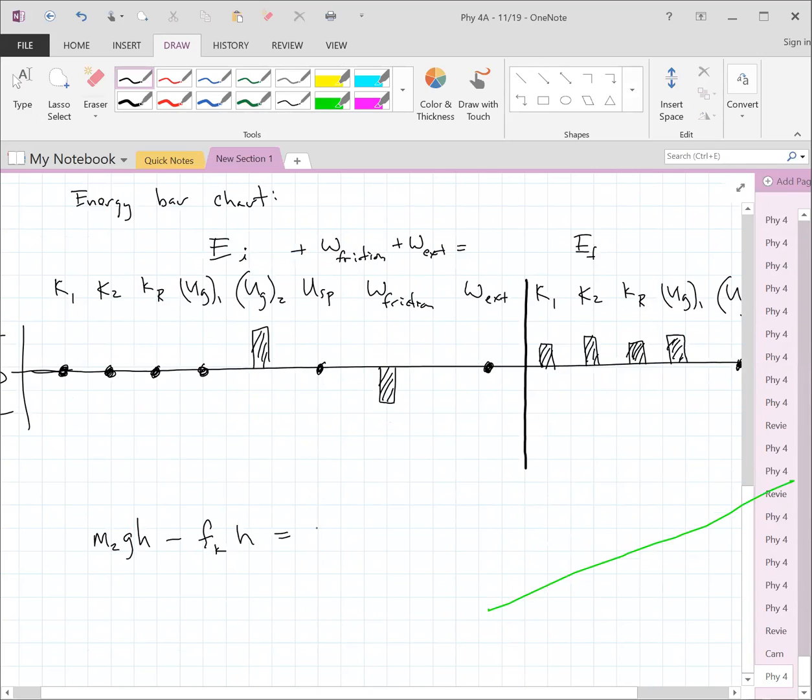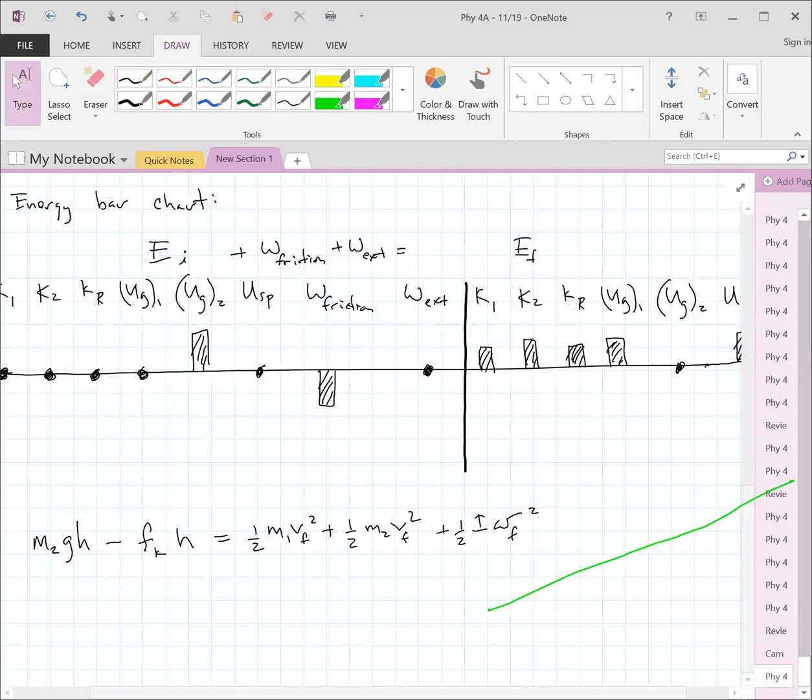On the right side of my equation, I have 1/2 m1 v final squared. I have 1/2 m2 v final squared. And I have a rotational kinetic energy, 1/2 I omega final squared. I have a gravitational energy for mass 1, m1 g, and its height.